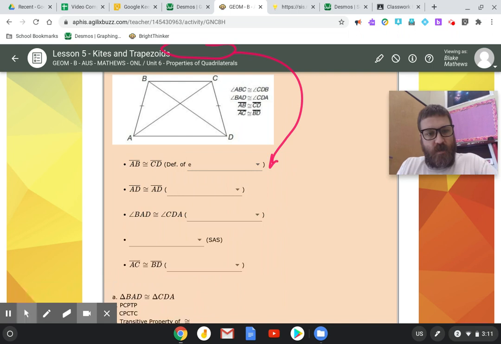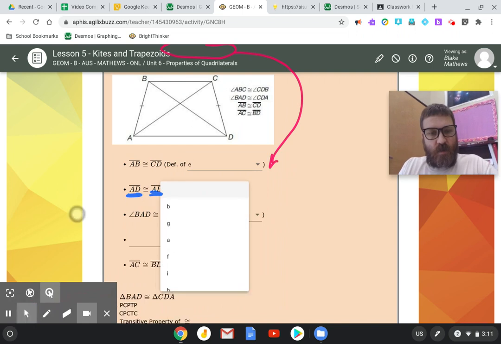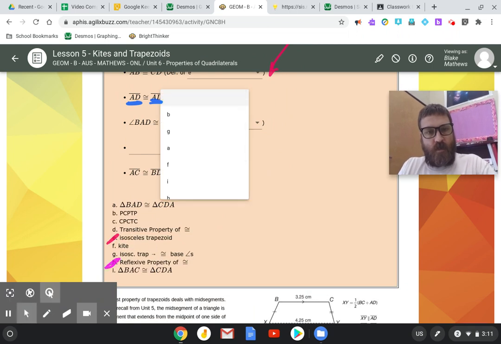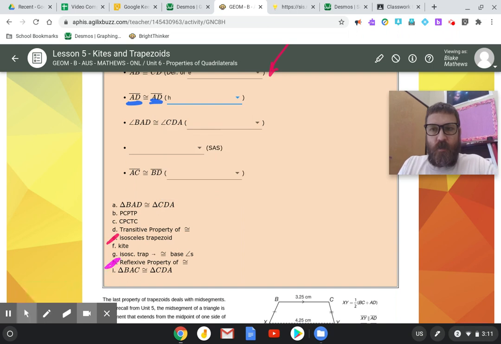Seeing a trend here. If we ever have something where it says this thing is congruent to itself, that is the reflexive property. Let's go look. Reflexive property is answer choice H. Very common. So we know it has to be that because it's the same thing congruent to itself.